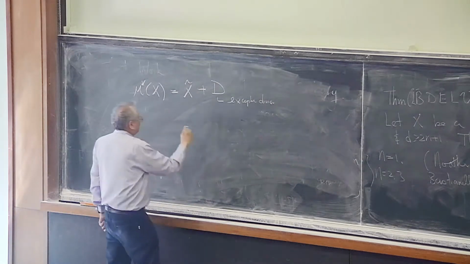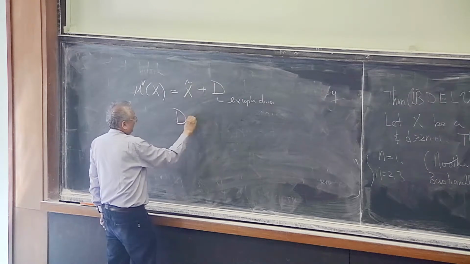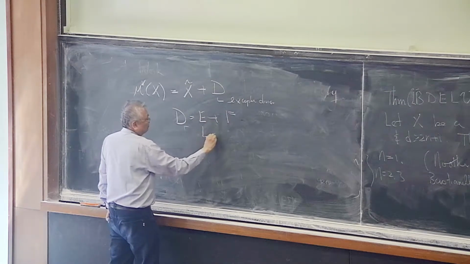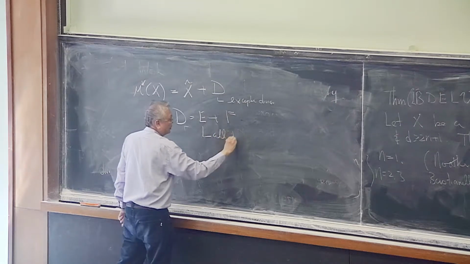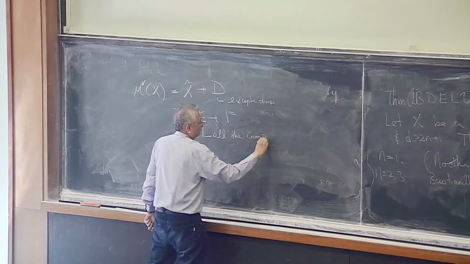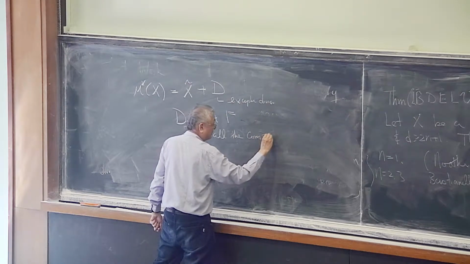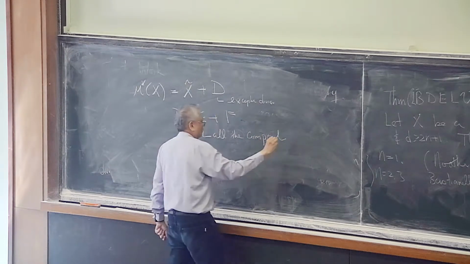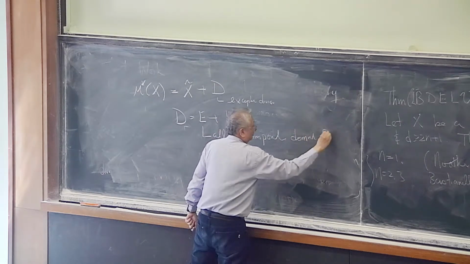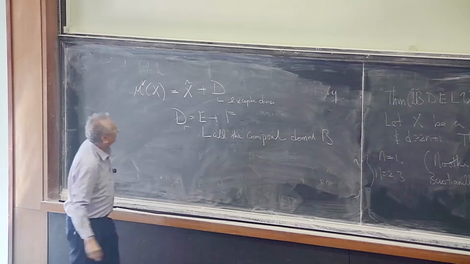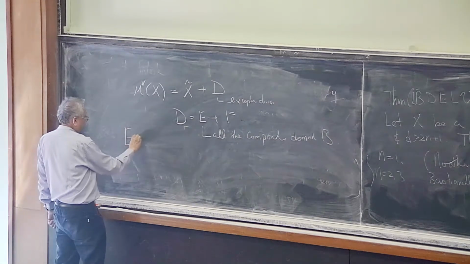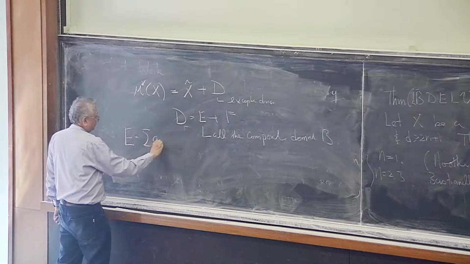And you can write this D in two parts, E plus F. E are all the components of D that dominate B. B is this family of lines.